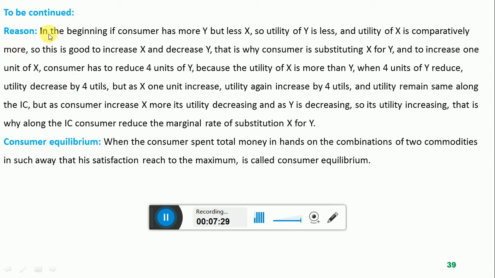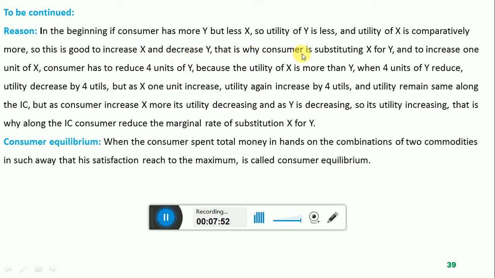Let me read this. In the beginning, if the consumer has more Y but less X, the utility of Y is less and the utility of X is comparatively more. It means in the beginning, the player carries more pizza and less Pepsi. So that is why the Pepsi utility is more. So it is good to increase Pepsi and decrease pizza.